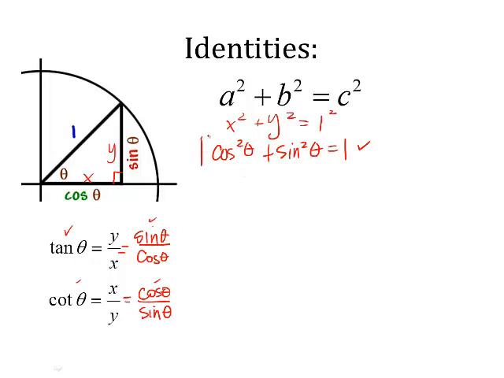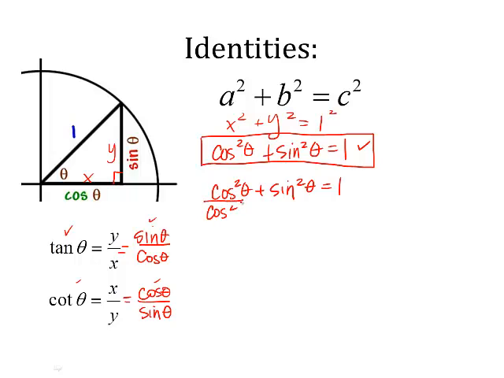Now, this one right here, sine squared plus cosine squared, is a major identity you need to know. If we take this identity and play with it a little bit, let's say for instance we want to divide each term by cosine squared. Let's see what happens here. Cosine squared over cosine squared is just 1, plus sine squared over cosine squared.